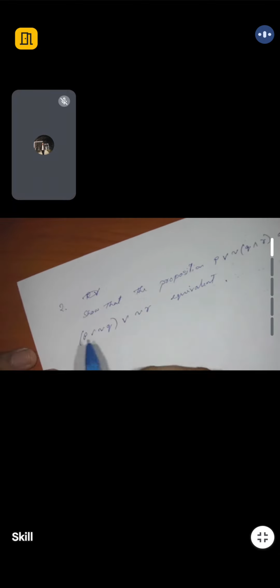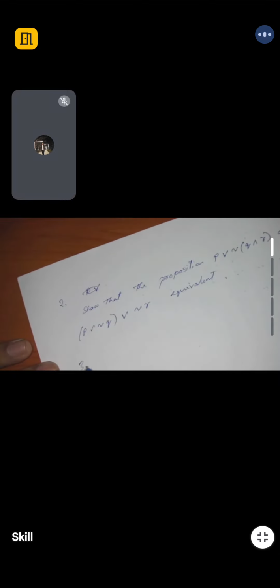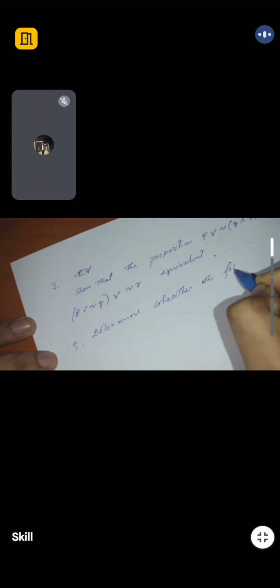I will also give an OR question. Question 3: determine whether the following expression or equation is a contradiction or a tautology.